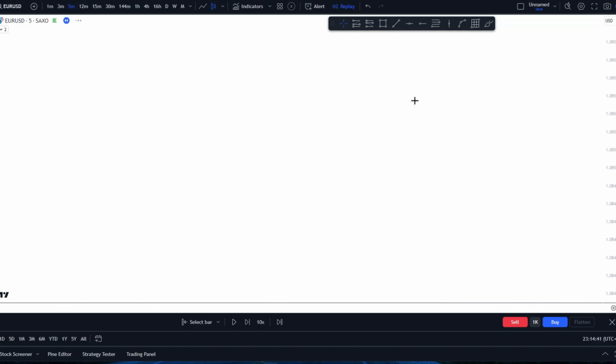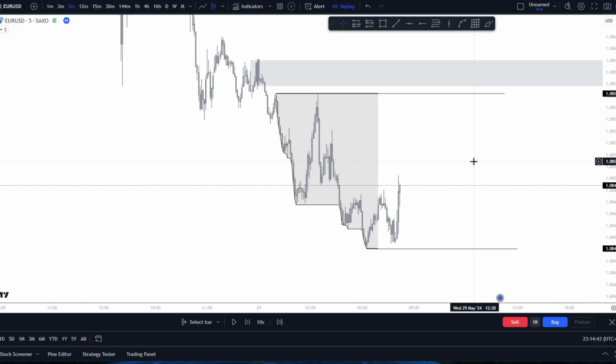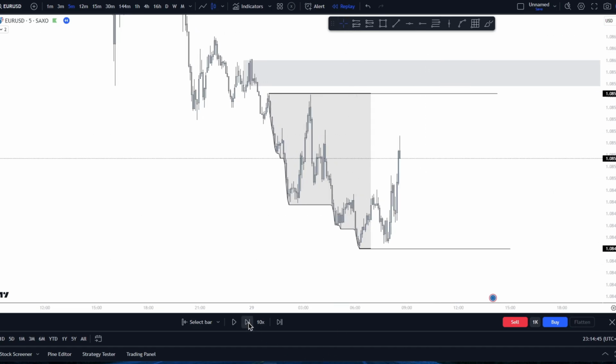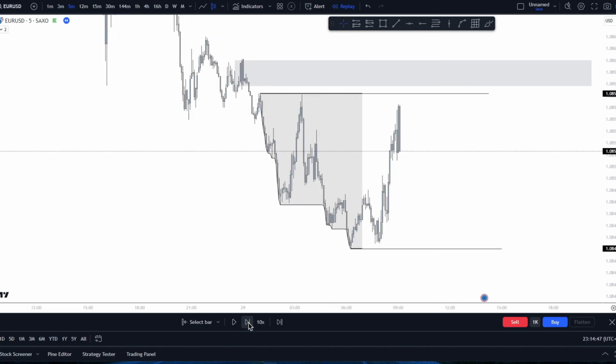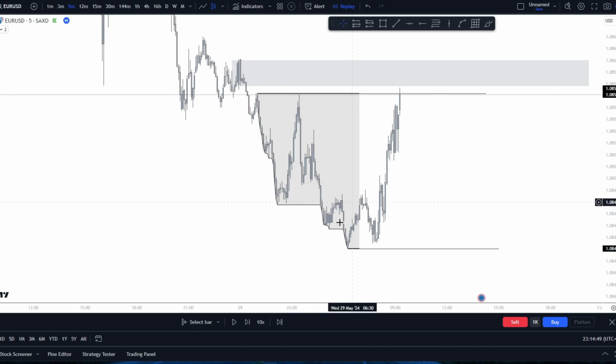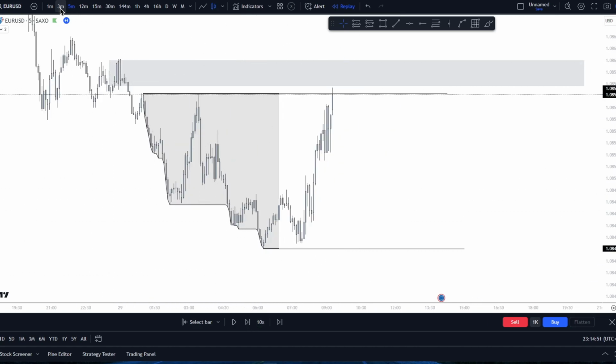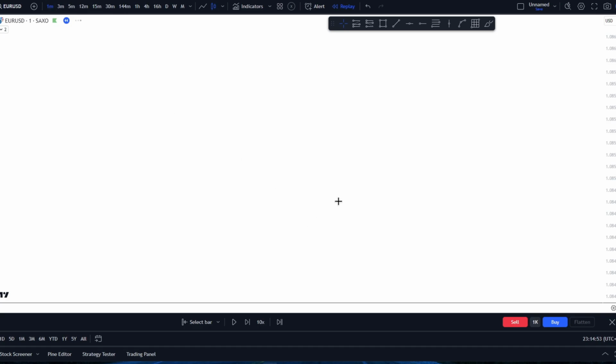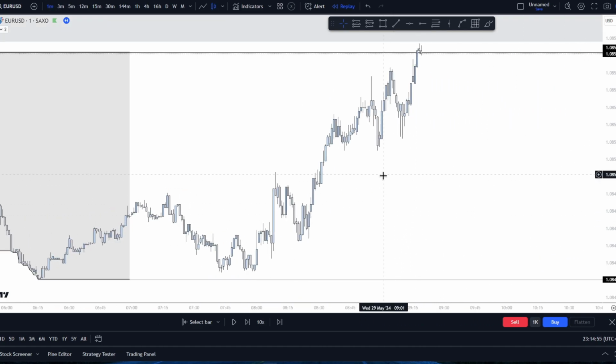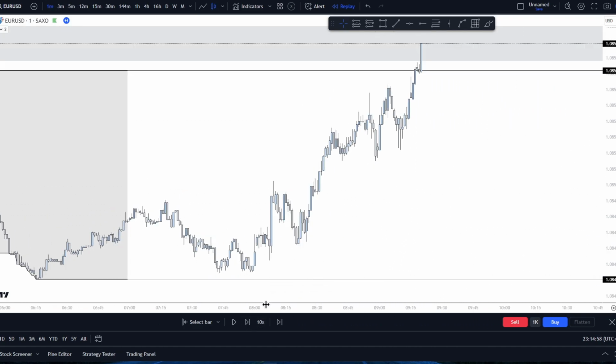Okay, let's now wait for a liquidity grab. Now let's go to the lower time frame. Okay, we got tapped into the POI.